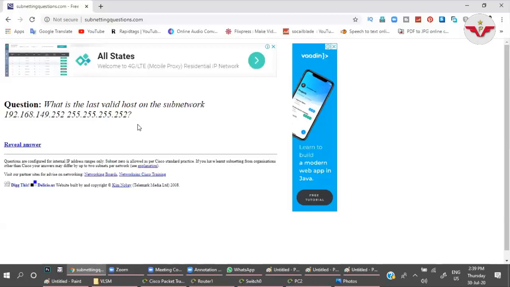Important is we learned from these classes, but problem is after 6, 7, 8 or 9 months, we tend to forget something if you don't practice every day. That is why I'm telling you that whenever you are traveling or sitting idle at any point of time, just open your mobile, type subnettingquestions.com, take 5 to 10 minutes daily. It's not a big deal, right?